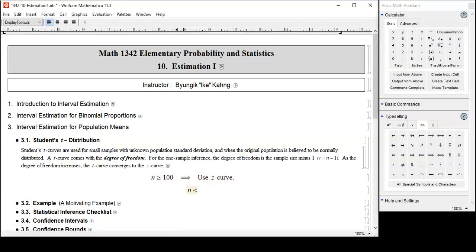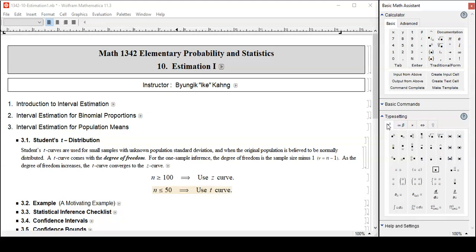Now if n is less than 50, then use a t-curve and t-score and t-table. That's usually the case. Now what if we have between 50 and 100? That's a gray area. Wind can blow in any direction.